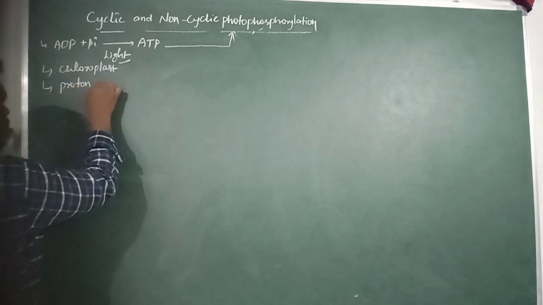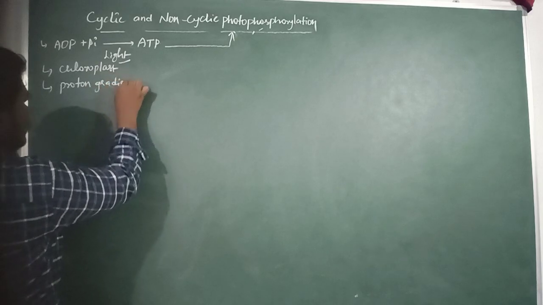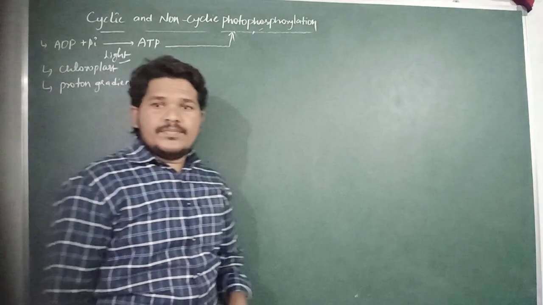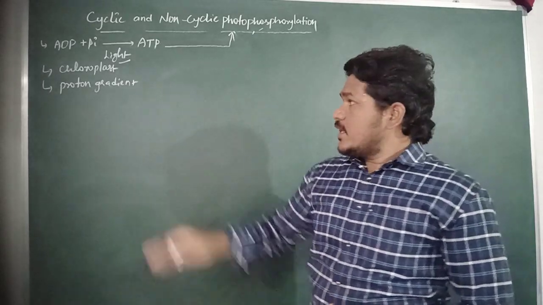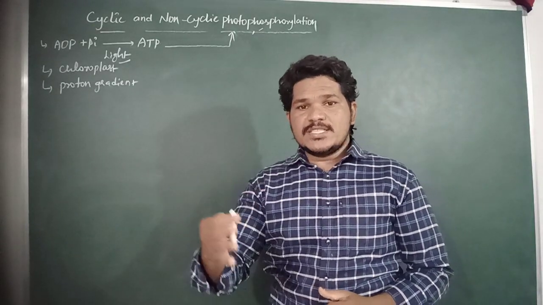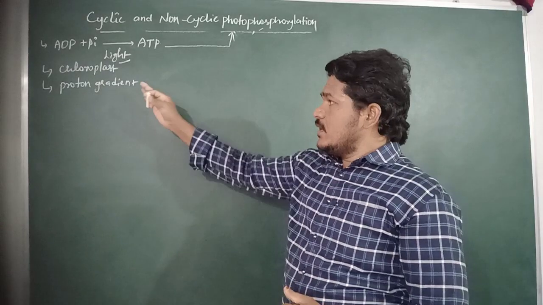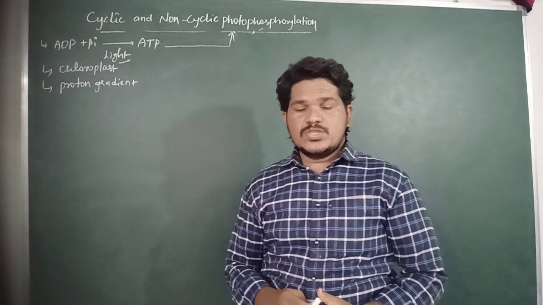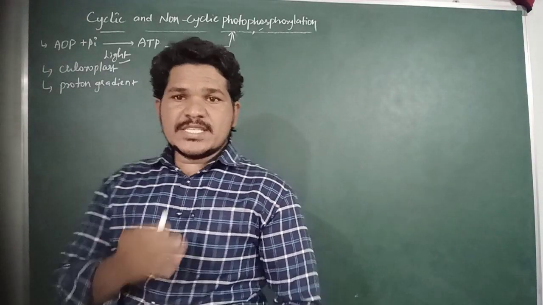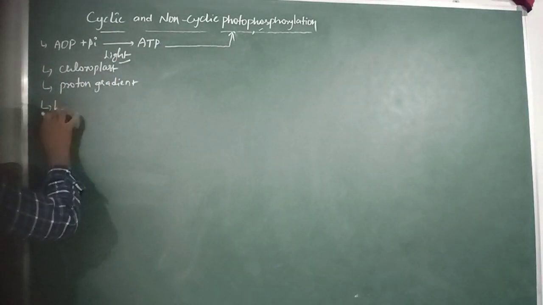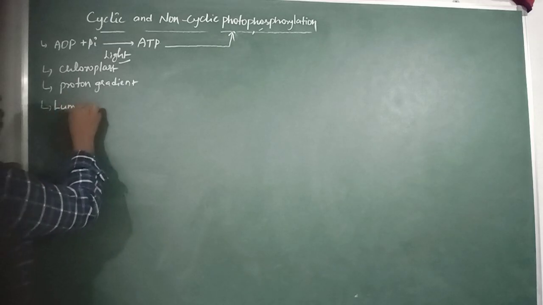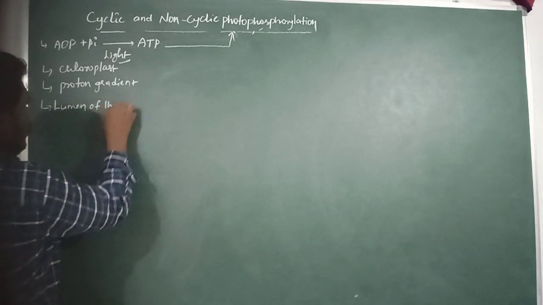Where is the proton gradient created in the chloroplast? The proton gradient is created in the lumen of thylakoid.